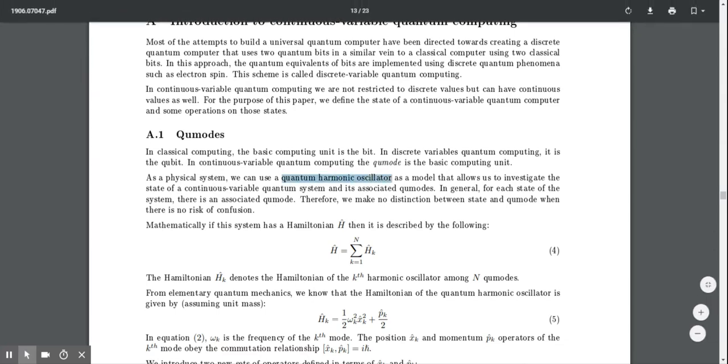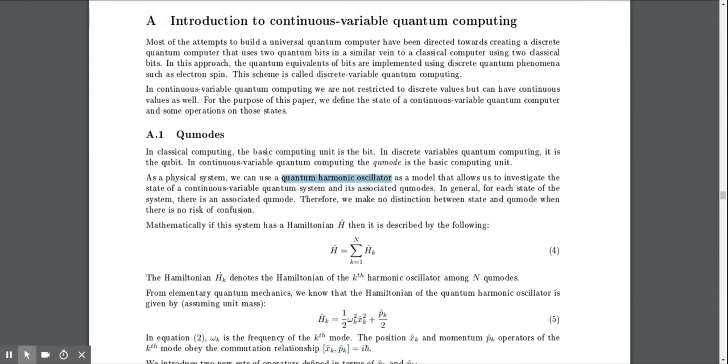Just let me quickly check. I'm not so sure. You won't see that because I can't switch tabs easily when I'm recording. But where's the quantum? What is a quantum harmonic oscillator?